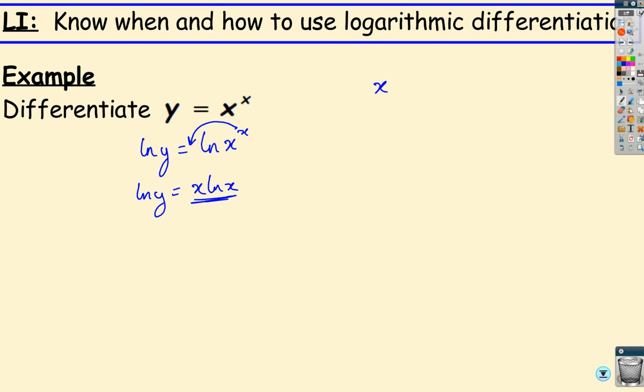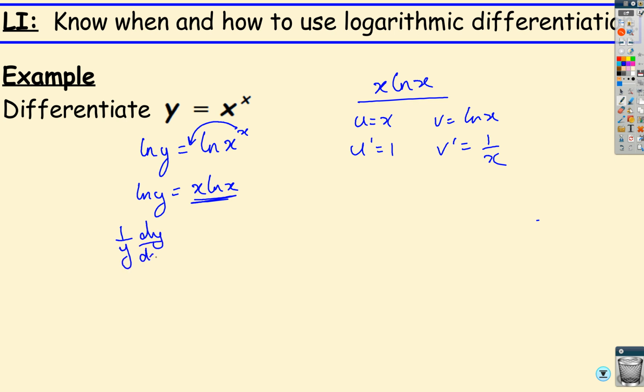So let's do the prep work. x log x: u equals x, u dashed equals 1, v equals log x, v dashed equals 1 over x. So our derivative, 1 over y, dy by dx, is equal to u v dashed, so x times 1 over x is 1, plus v u dashed, so plus log x.